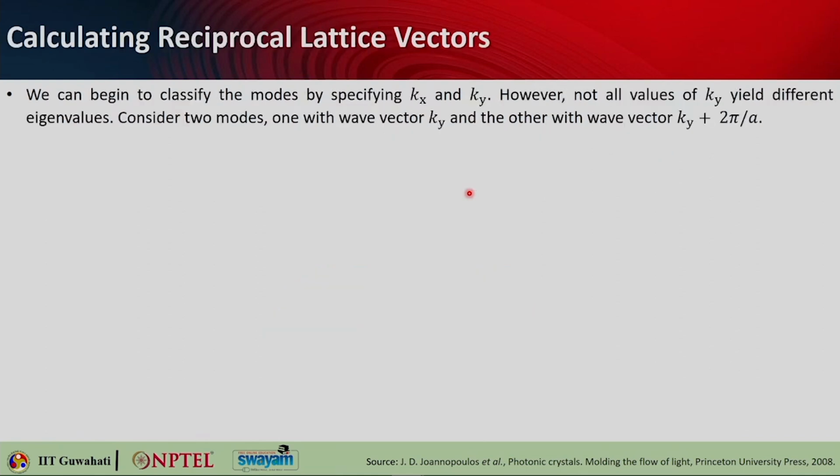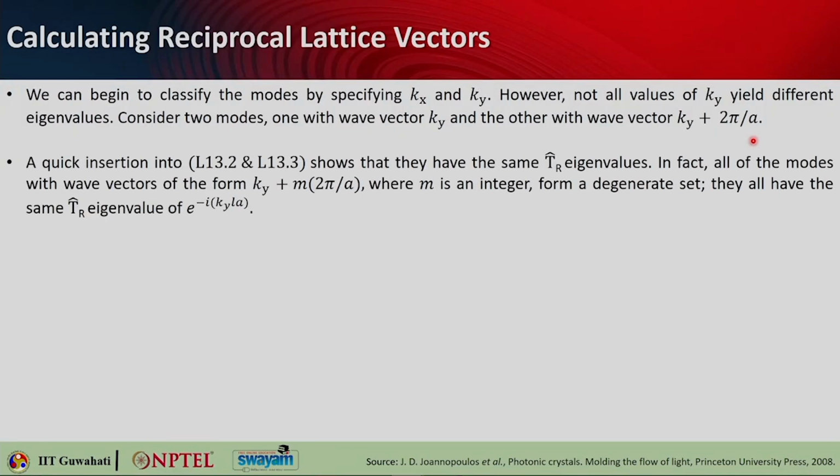Now, let us see how you calculate the reciprocal lattice vectors. We can begin to classify the modes by specifying kx and ky. So, kx and ky are in the momentum space, right. Now, however, not all values of ky will yield different eigenvalues. Consider two modes, one with wave vector ky and another with wave vector ky plus 2 pi by a.